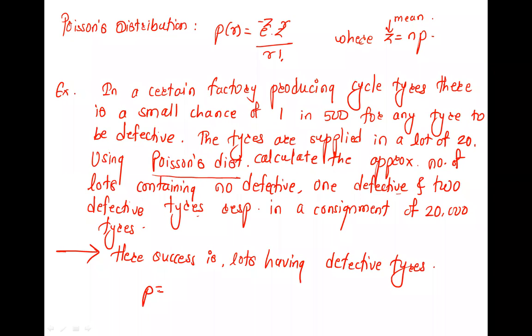So can you define P? P is the probability of success. What is the probability of getting defective tires?